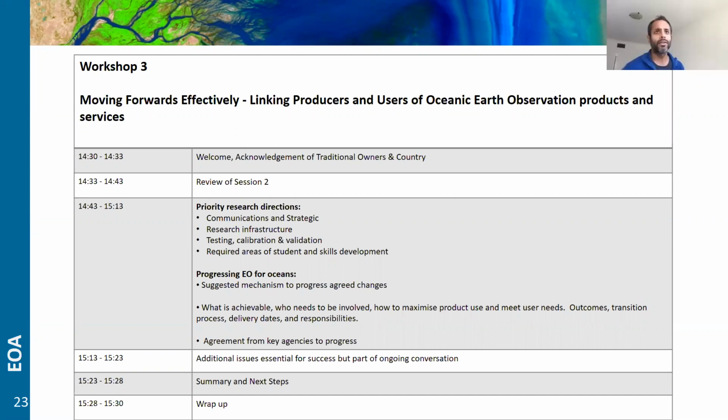I think there's also another angle to it, and that's what sort of calibration and validation are we talking about? Is it calibration and validation of geophysical and biological variables, or actually signals of satellites, etc.? There's that distinction as well.